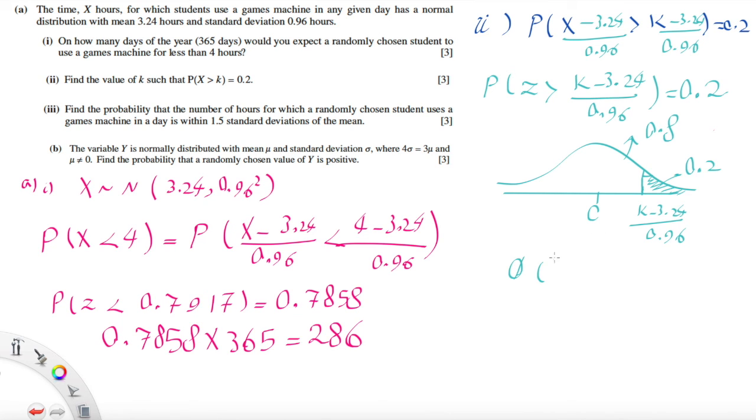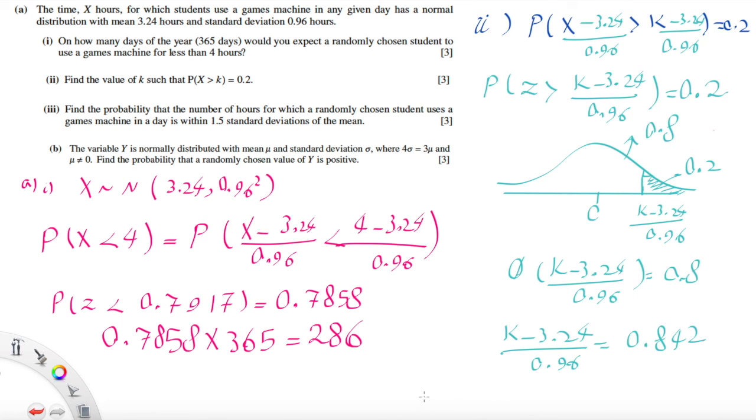Now phi of k minus 3.24 over 0.96 is equal to 0.8. Now find the number corresponding to 0.8 in the table, which gives k minus 3.24 over 0.96 is equal to 0.842 from the table.